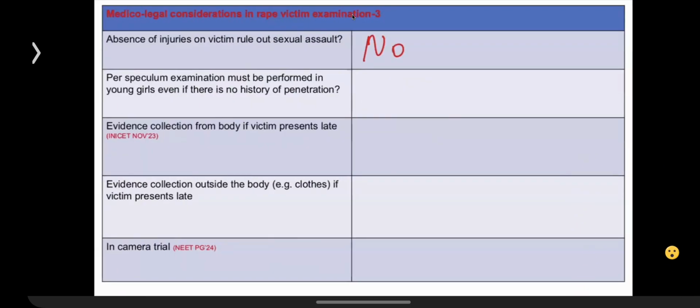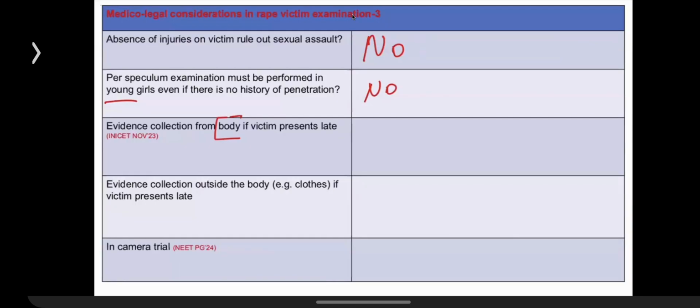No. Many times injuries don't occur. Must per speculum examination be performed in young girls? We have to do the examination in accordance with the history. In young girls, penetration is very difficult, so why trouble them unnecessarily? So the answer is no.